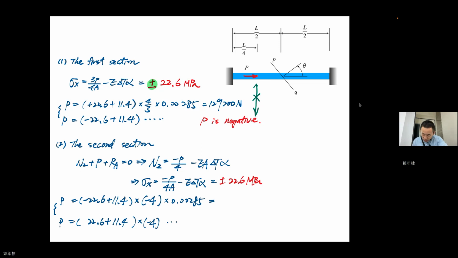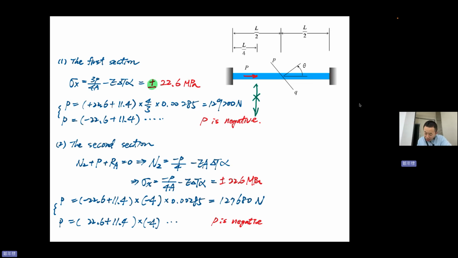So this P is negative, but because you times minus 4, you have 127,680 Newton. Okay, so section 2 requires that P cannot exceed 127,680 N. If you exceed that, the second section will experience shear failure.